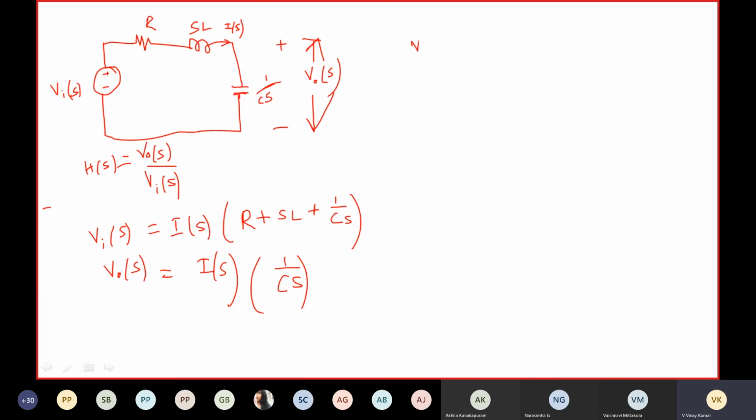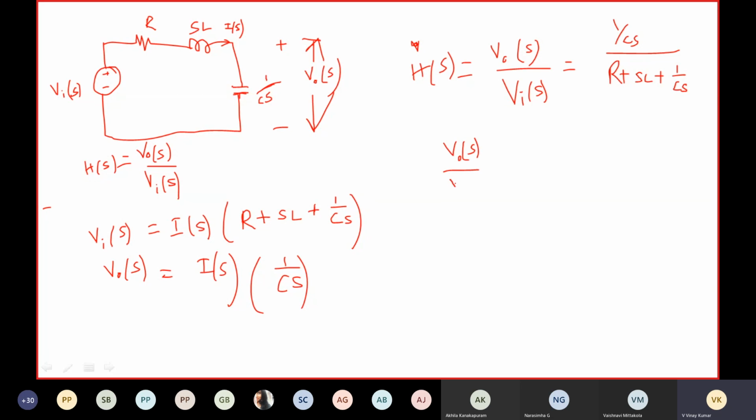Then the transfer function H of s is V naught of s by V I of s, which is equal to 1 by CS divided by R plus SL plus 1 by CS.